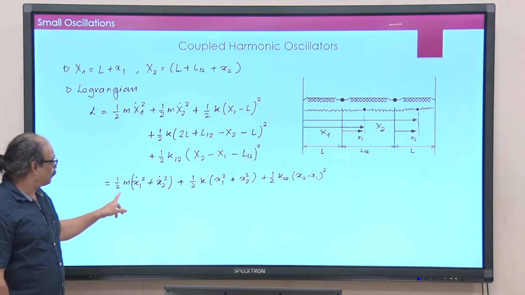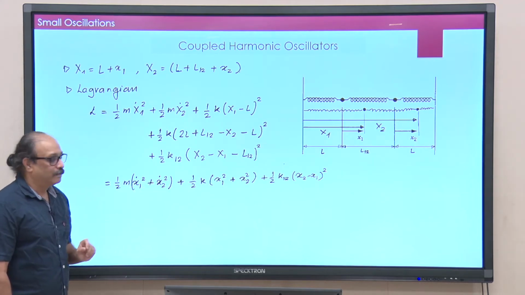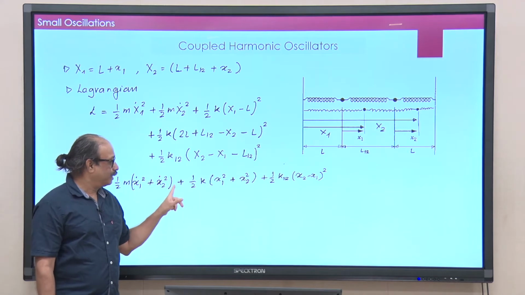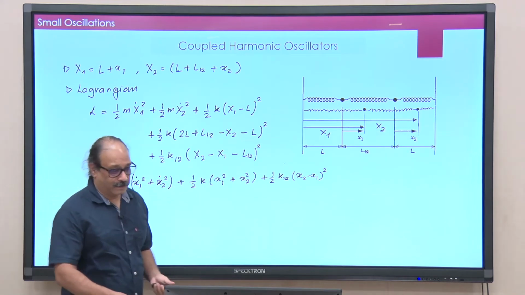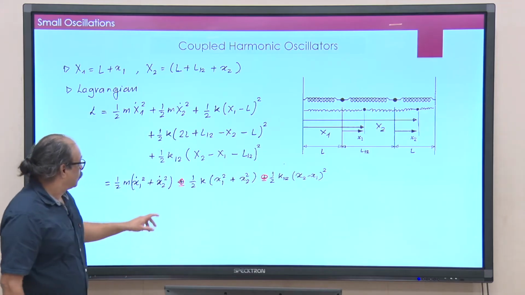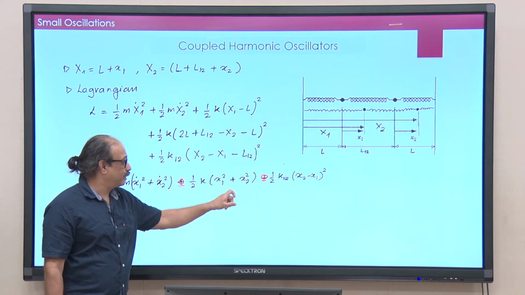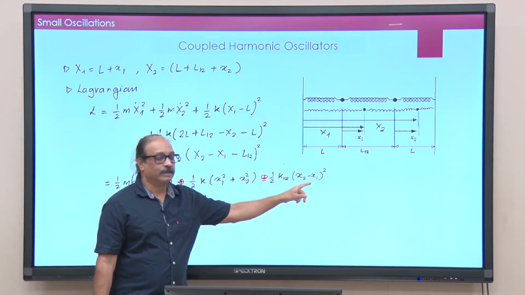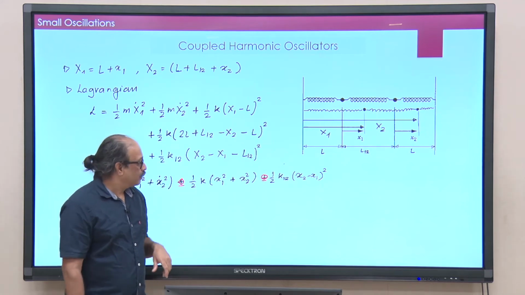It is half m (x1 dot square plus x2 dot square), minus, and I just make the correction here, half k (x1 square plus x2 square) and minus half k12 (x2 minus x1) square.